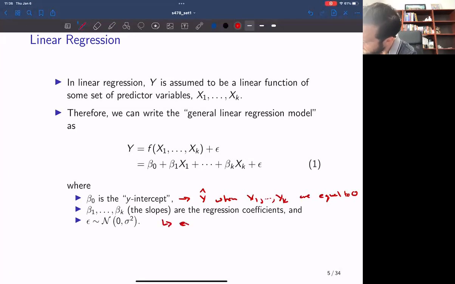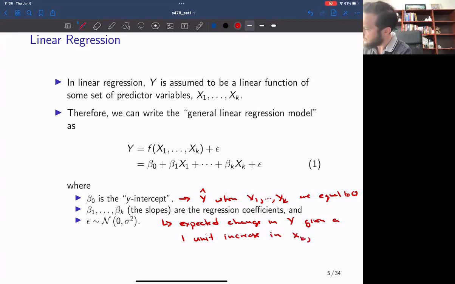Okay, so this is the expected change in y given a 1 unit increase in xk, conditional on xj, j not equal to k.